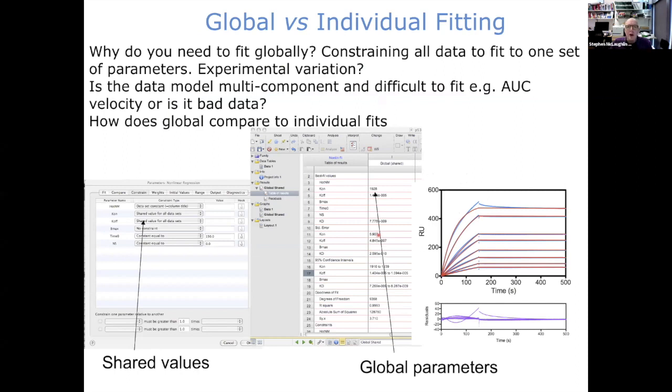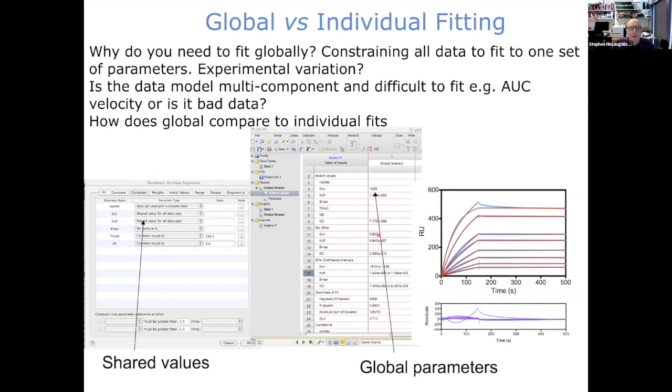Do you fit individually, or do you fit globally? Sometimes you have to constrain all the data to fit one set of parameters, and that might be because it's very difficult to fit, say, in AUC. But you always have to be aware: are you just doing a global fit to get the data to fit because you've actually got bad data?